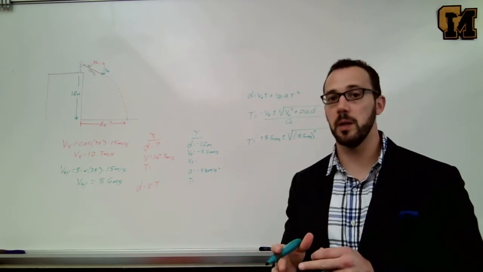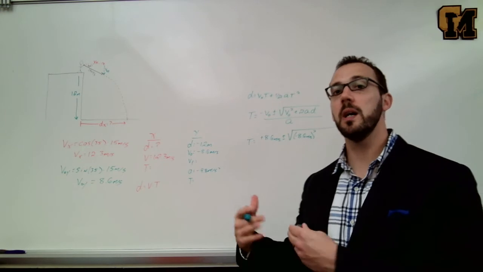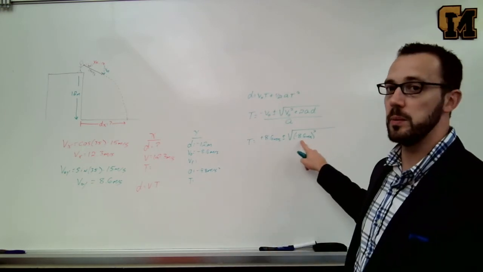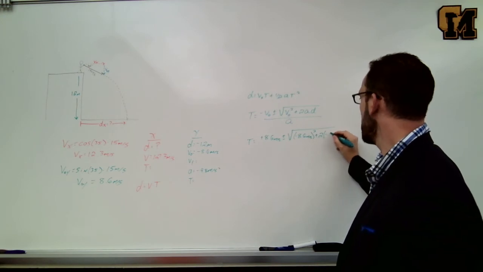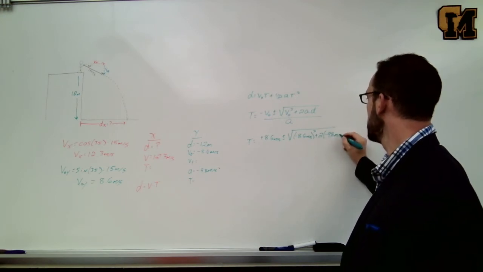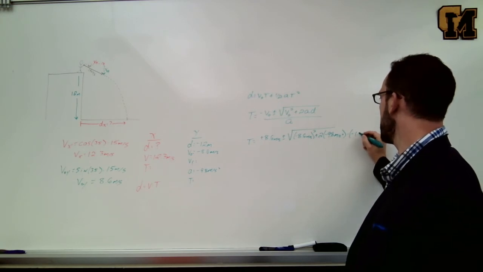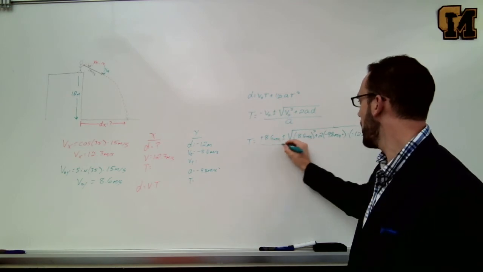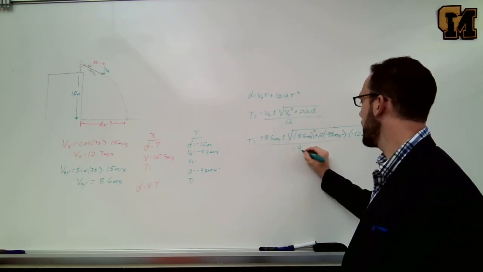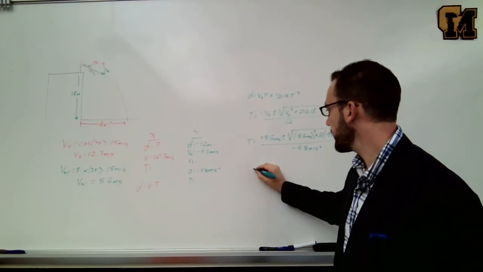Remember, a negative number times a negative number becomes a positive, so negative 8.6 squared will be a positive number. Plus 2 times negative 9.8 meters per second squared times the displacement, which is negative 12 meters. And all of that is going to be divided by negative 9.8 meters per second squared.